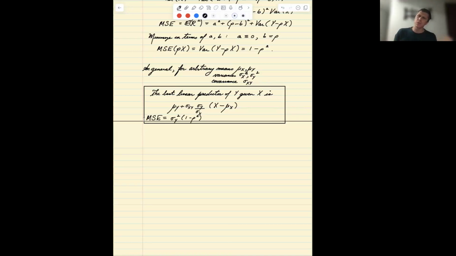Because if we're trying to predict one random variable by the other using a linear function, the best linear predictor is capturing it through the covariance. And the correlation is the covariance normalized by the standard deviations of the random variables.